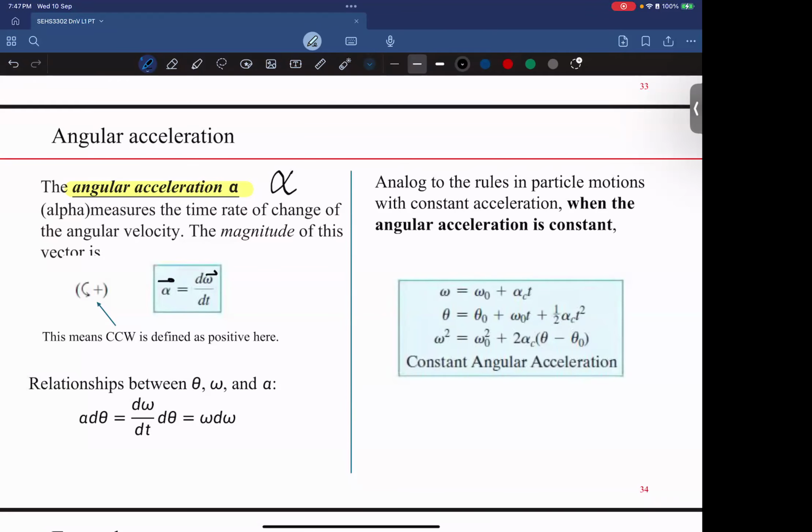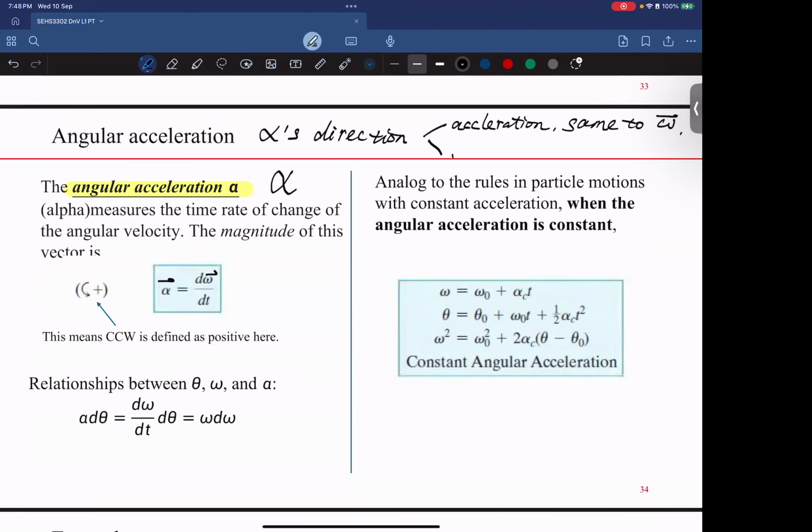What about the direction? The direction is very easy. Alpha's direction has two cases. If it is accelerating, then alpha's direction is the same as omega, because we already have omega's direction.